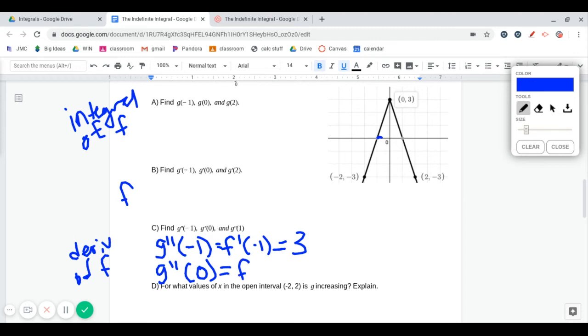Second derivative of g at 0 is the derivative of f at 0, which is the slope of the line at this point, which is a maximum, so it would be 0 here.